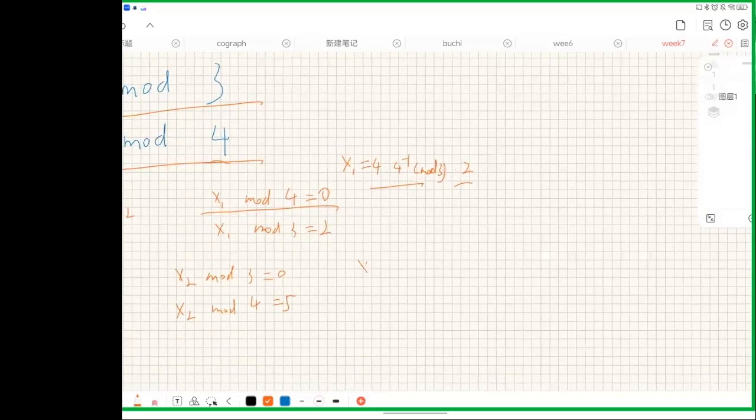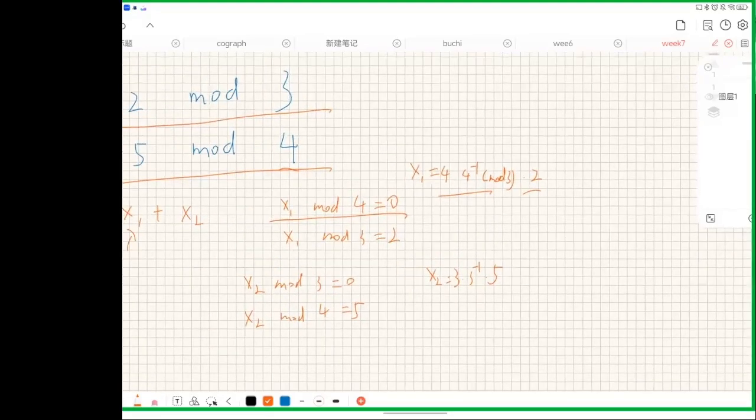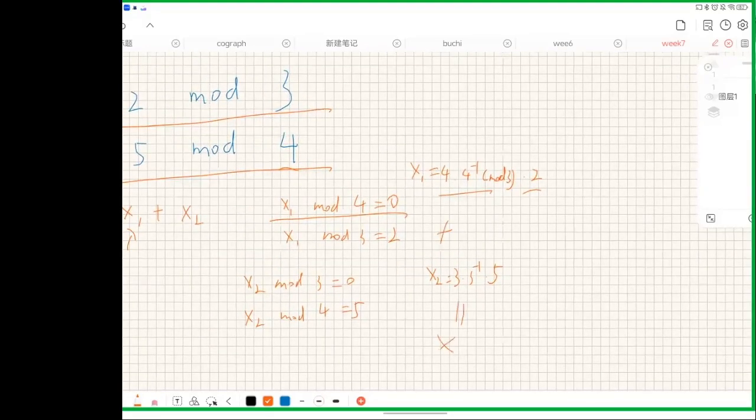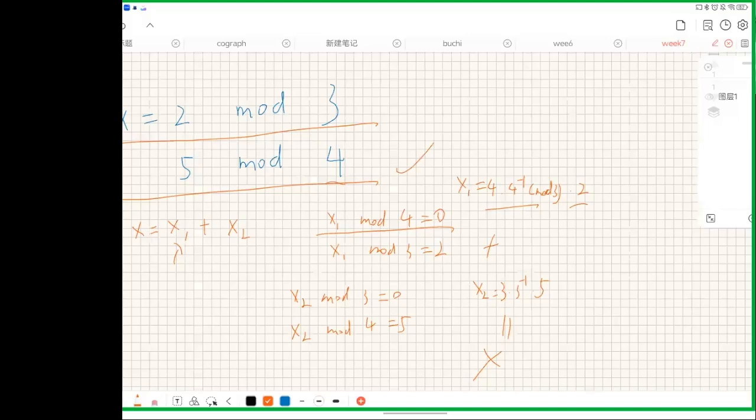So similarly, x2 can be 3 times the inverse of 3 times 5. And if we do so, x1 plus x2 equals x will satisfy both requirements. Okay, so that is basically how we do it.